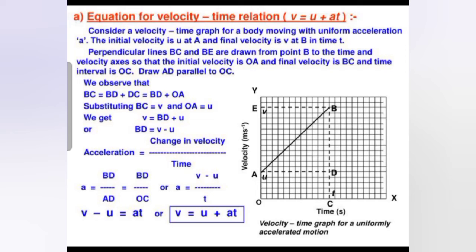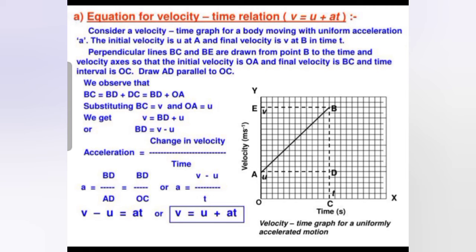We can draw AD parallel to OC. We observe that BC, the final velocity, is equal to BD plus DC, and DC is equal to OA, as you can see in the graph.